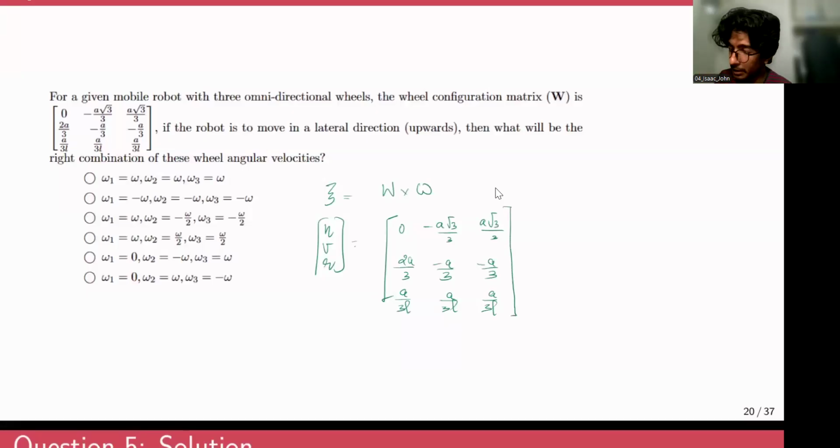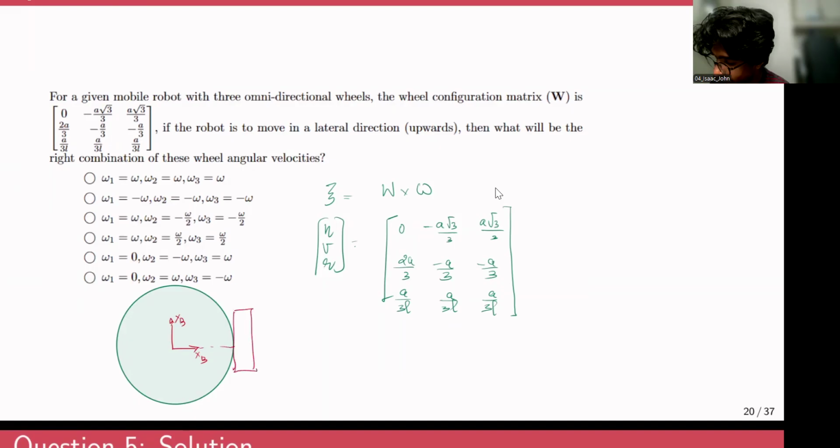And since this is an omni wheel, I hope you can recall what an omni wheel robot would look like. It has a circular platform with the body fixed frame attached like this, XB and YB. So it has three wheels which are oriented 120 degrees with respect to each other. So it has passive rollers like so.